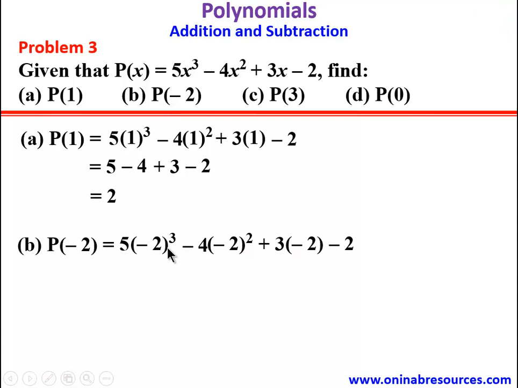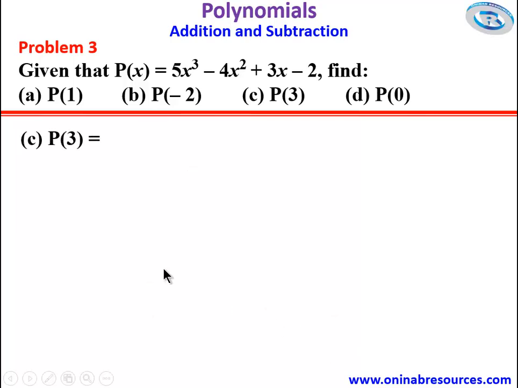Negative 2 cubed is negative 8, and negative 8 times 5 gives negative 40. Negative 2 squared is 4. 4 times negative 4 gives negative 16. Then this is positive 3 times negative 2, and it gives negative 6, minus 2. And all of them are negative numbers. We just add them and put the negative sign, and that gives negative 64. And that's all for B.